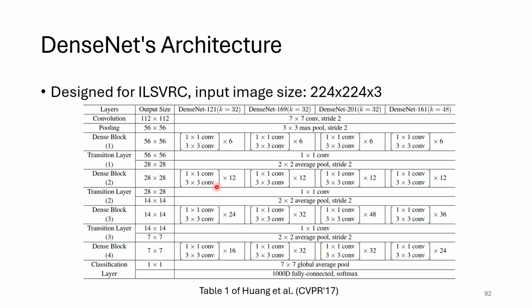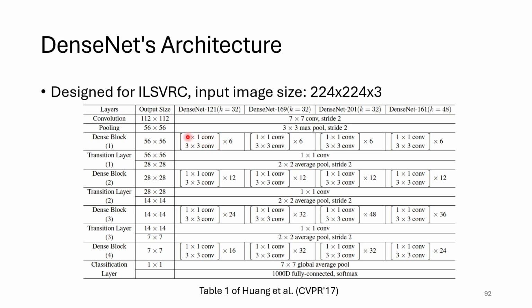And let's take a look at this DenseNet architecture. These are different configurations. From the input image, this is the first convolution, and downsampling, this is the pooling. In the first DenseNet block, there are 6 pairs of 1-by-1 convolution and 3-by-3 convolution.